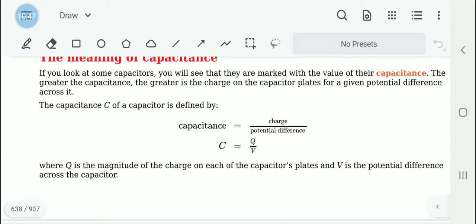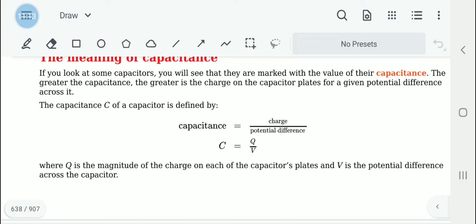Then we talk about something called capacitance. Capacitance is the value that we obtain when we divide the charge by the potential difference. Capacitance C is equal to Q upon V. Q is the charge on each of the plates, right?